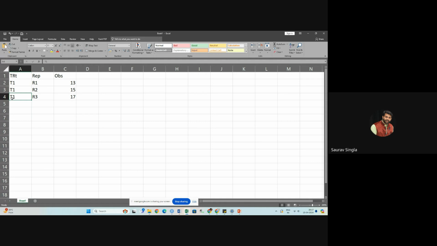Okay. So this is then the value of T2. You have to put T2 R1. Okay, that's it. So this is the third treatment, the values of all the replications.